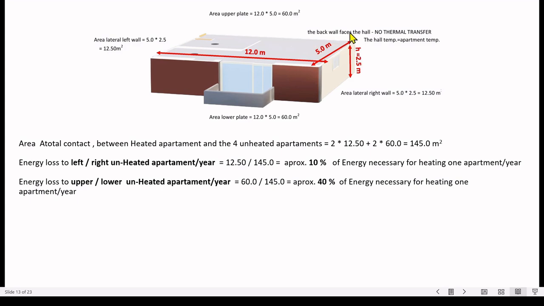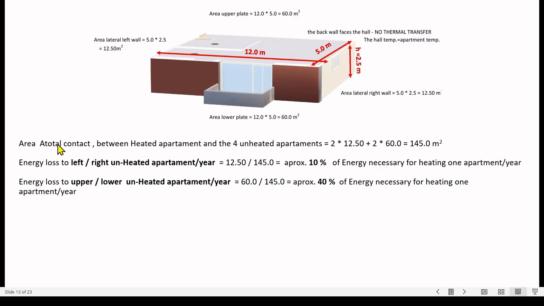The back wall facing the hall has no thermal transfer; we will presume the hall temperature is the apartment temperature. Here is a real lateral right wall. Here is the area of the lower plate, the area of the upper plate similar to this one, and also the left wall area is similar to the right wall.